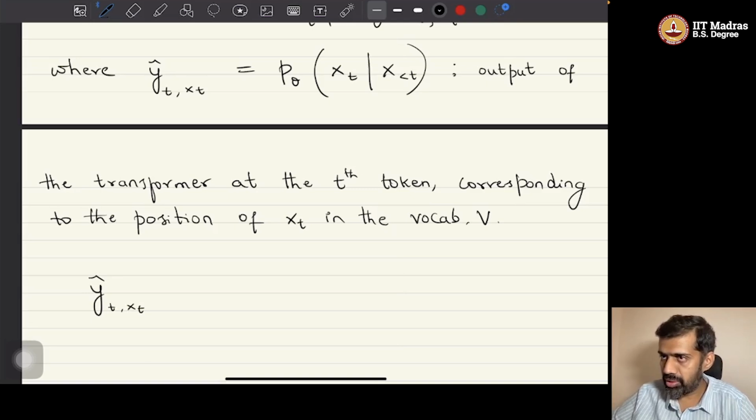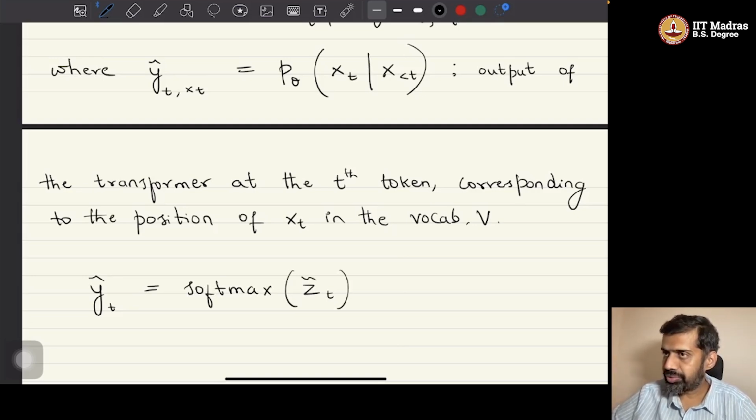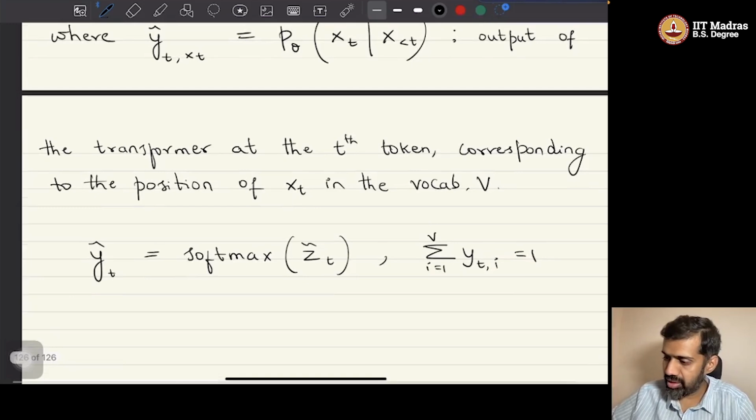What is this equal to? Y hat t, the way we have defined it, is a softmax that we have computed over z tilde, and we know that the sum of all y t i over i equal to 1 to capital V is equal to 1, because we are looking at a softmax.